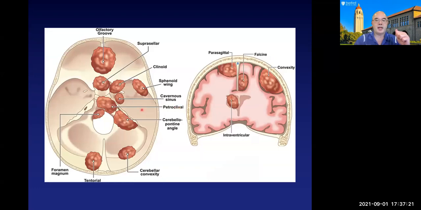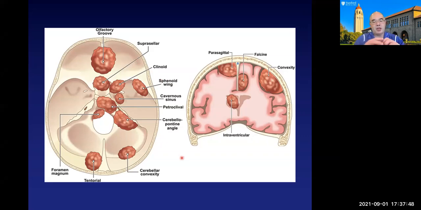On this schematic, this is a picture of the skull with the top removed, looking down from the vertex of someone's head, and you can see that meningiomas can occur anywhere along the inner lining of the bone. In this illustration you see a variety of names based on these meningioma locations.